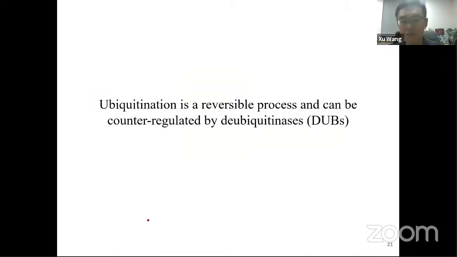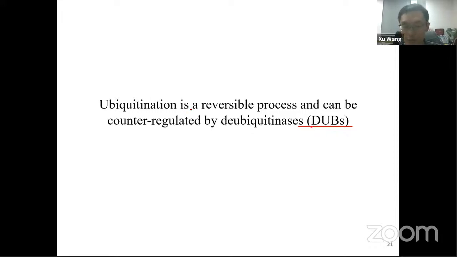Ubiquitination is a reversible process, and it can be counter-regulated by deubiquitinases or deubiquitinating enzymes. We call deubiquitinases DUBs for short. Because ubiquitination is reversible, it is very economical for signal transduction.